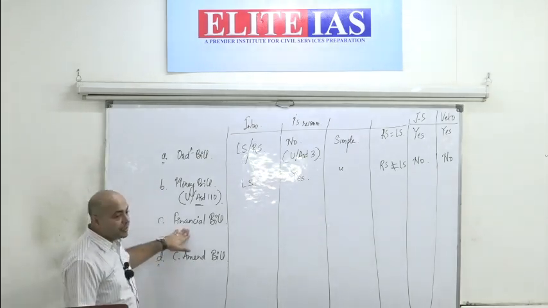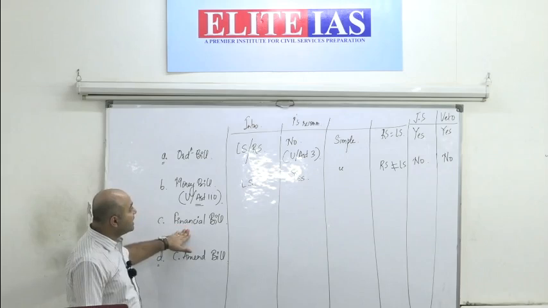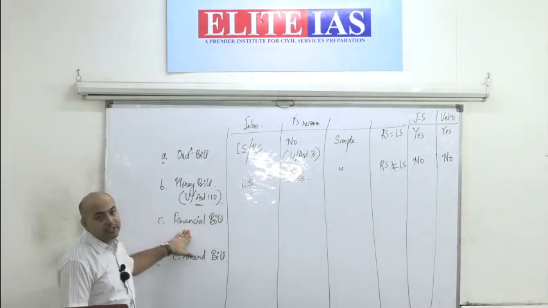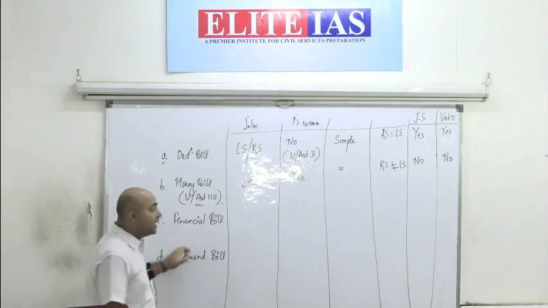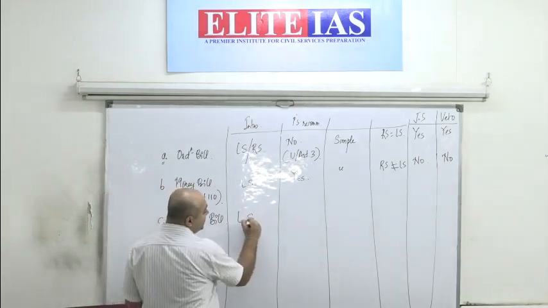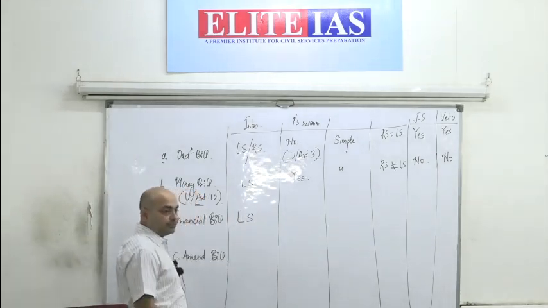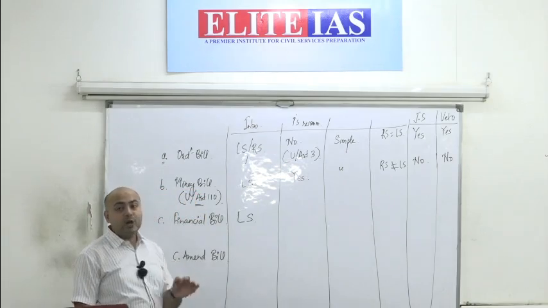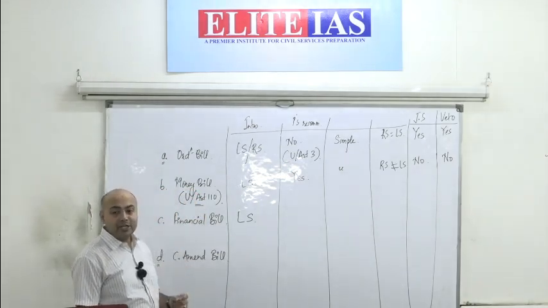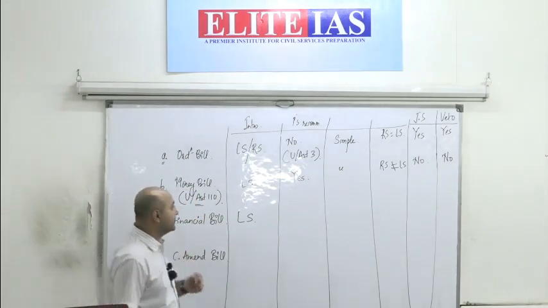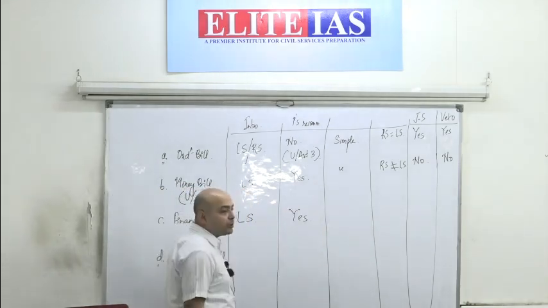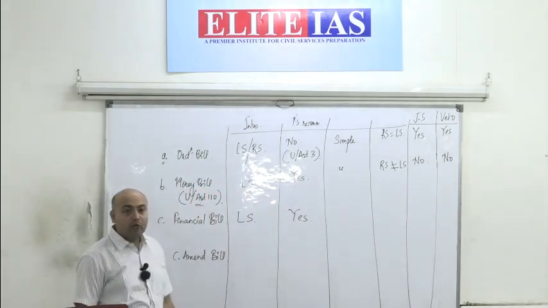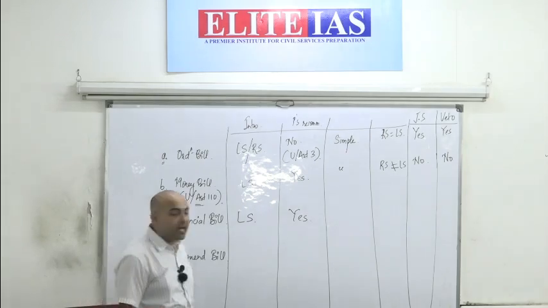Next, financial bill. Can the financial bill be introduced in the Lok Sabha and the Rajya Sabha? No. It can only be introduced in the Lok Sabha. Does it require the prior recommendation of the president? Yes. It does require the prior recommendation of the president. What kind of majority is required?